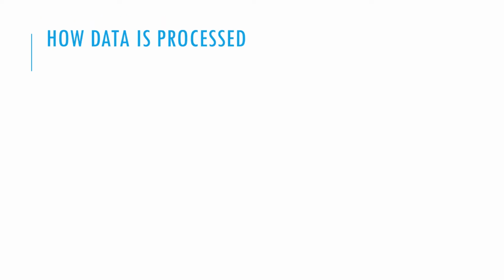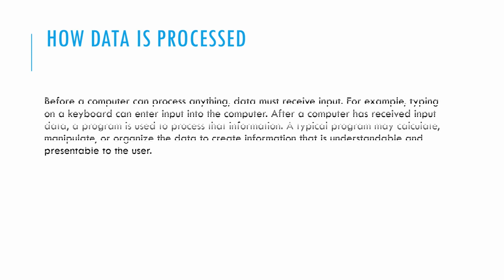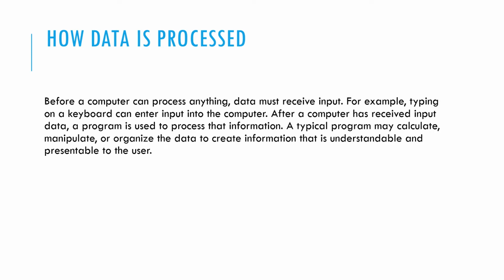Now let's discuss how computers process data. Before a computer can process anything, data must receive input. For example, typing on a keyboard can enter input into the computer. After a computer has received input data, a program is used to process that information.